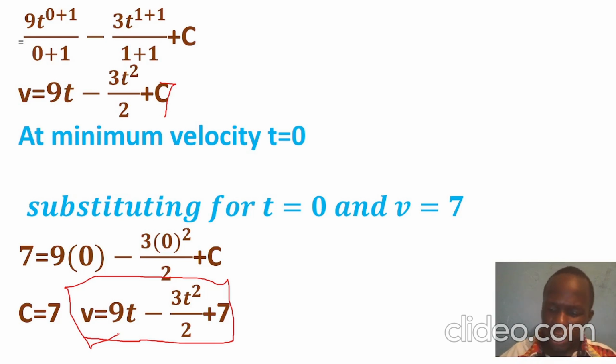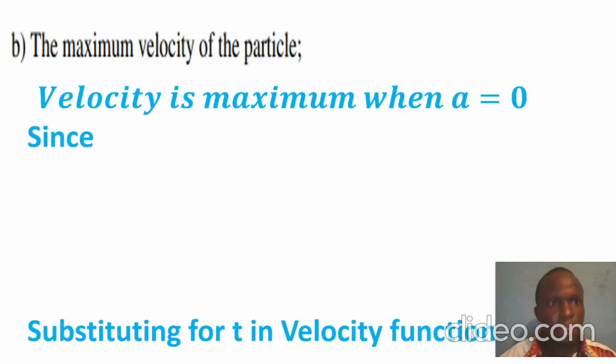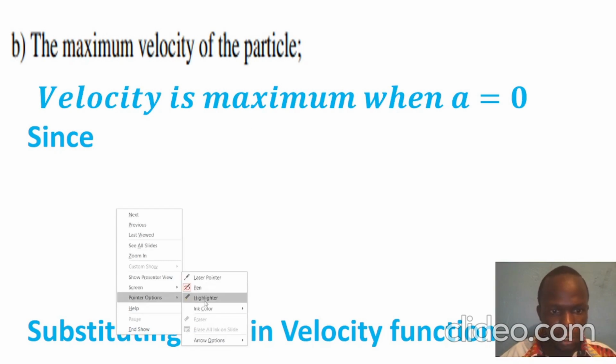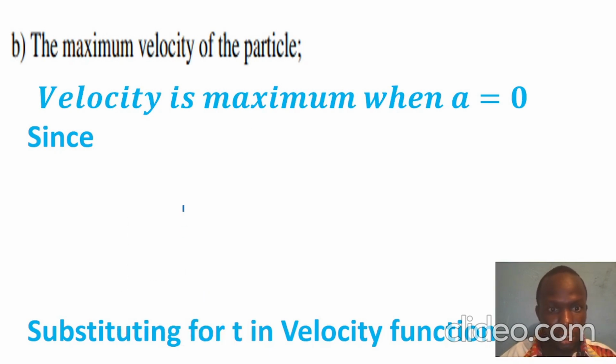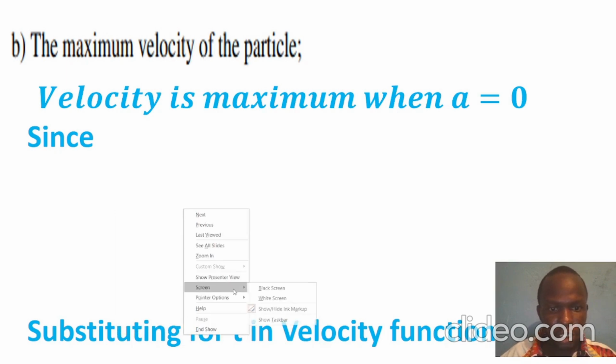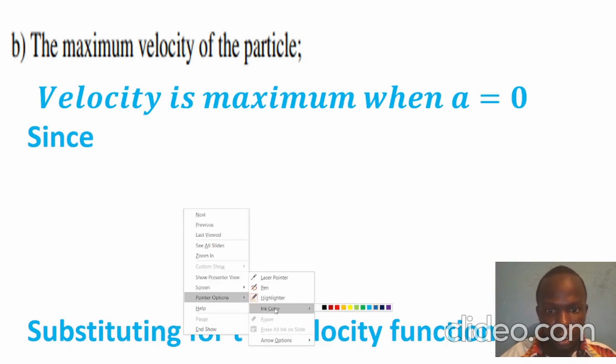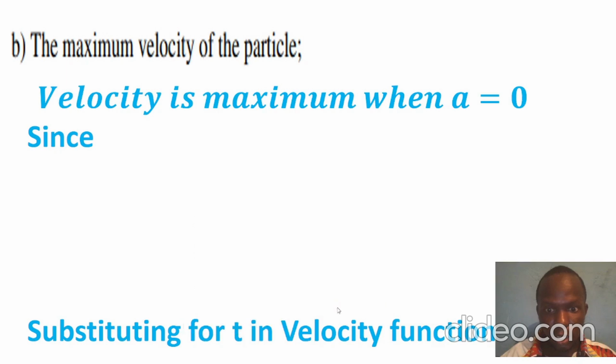Let us go to the next part of this problem. Find the maximum velocity of the particle. Let me use a highlighter here, and let me use the color red, which is normally very loud. Find the maximum velocity.